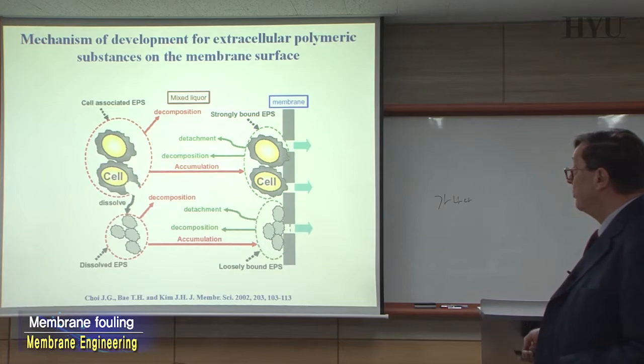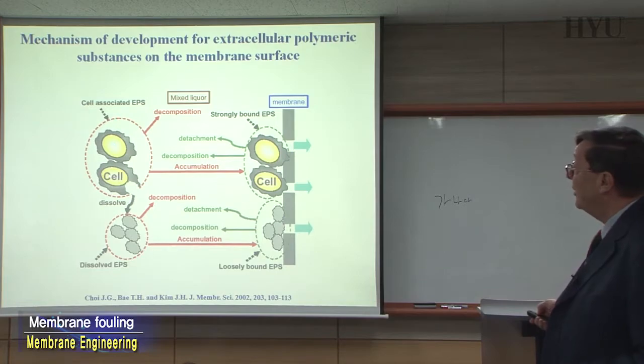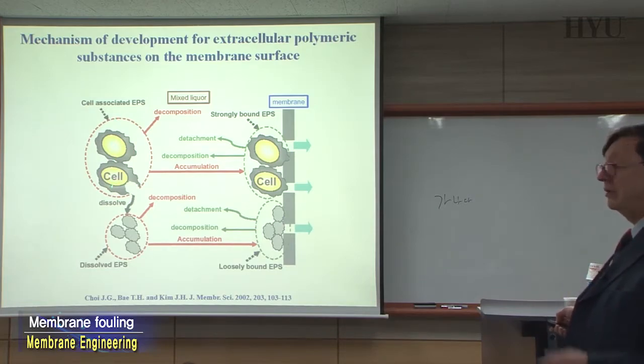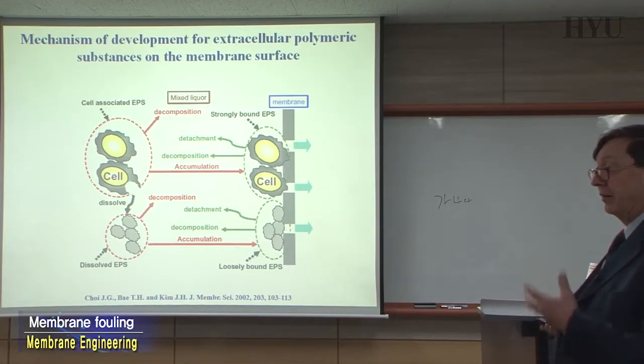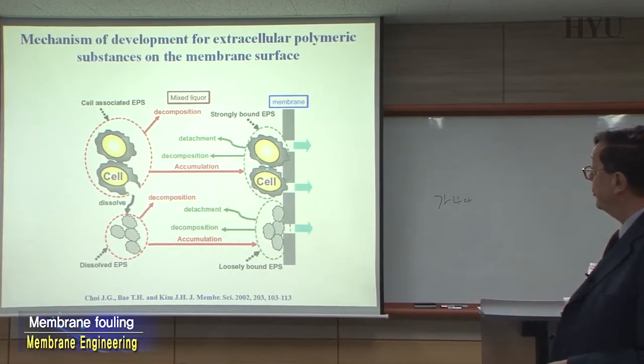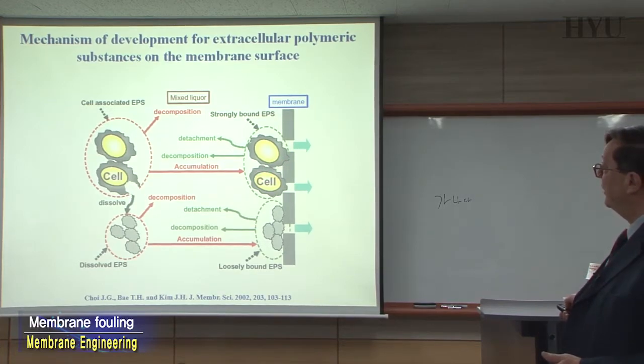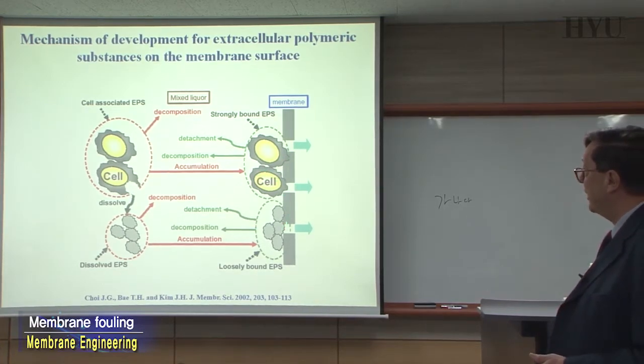And again, people, as you can see here, just also a Korean researcher, are trying to understand how one or two single microorganisms are related to this extracellular polymeric substance that can be present, what they form, and how they create some particles, some clusters that eventually interact with the membrane surface and, through accumulation, start to create a real problem. And the real problem is when they are able to penetrate and to form something inside.